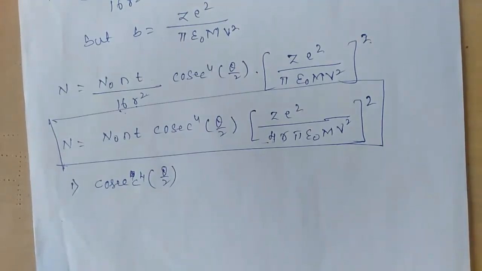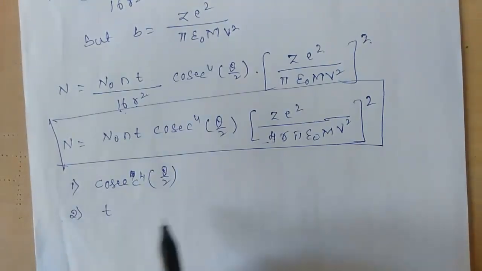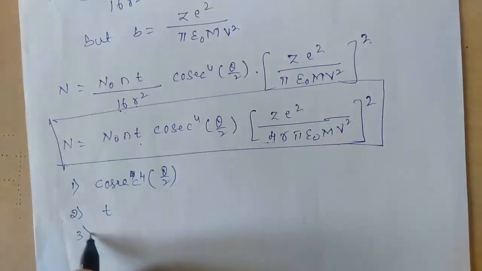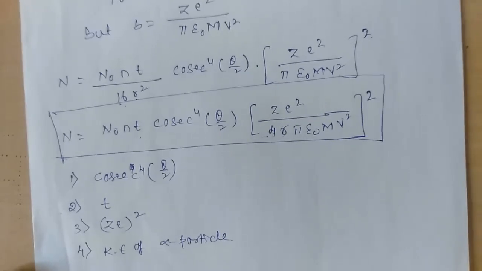The second factor is the thickness, and it also depends on the charge, that is, the square of the charge, and on the kinetic energy of the alpha particle. So these are the factors on which the number of alpha particles getting scattered within an angle of theta and theta plus d theta will depend. Okay, thank you.